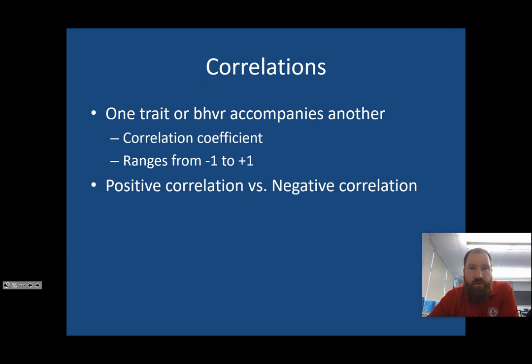That as one trait or behavior increases, so does another, right? So in this case, as height goes up, so does weight. Notice that the relationship also works the other way. If you tell me someone's weight, you can probably, somewhat accurately, if there's a strong enough correlation, guess roughly how tall that person will be.